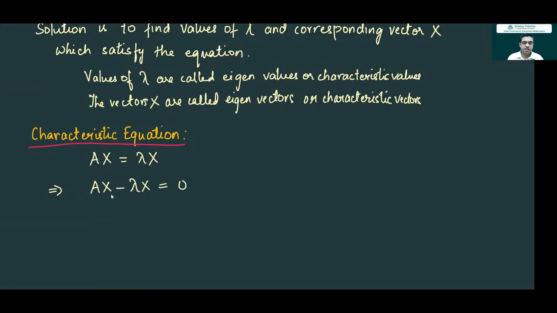The first term, A into X, is an n by n into n by 1 matrix, so it is an n by 1 vector, and lambda X is also an n by 1 vector. Now I will write this as lambda times I times X, where I is the nth order identity matrix.